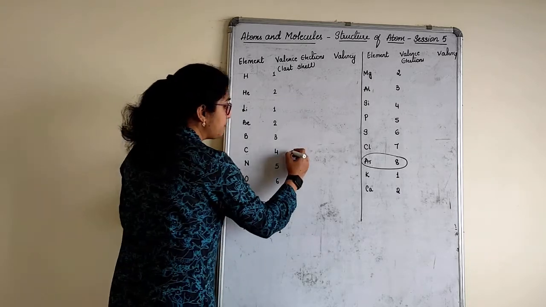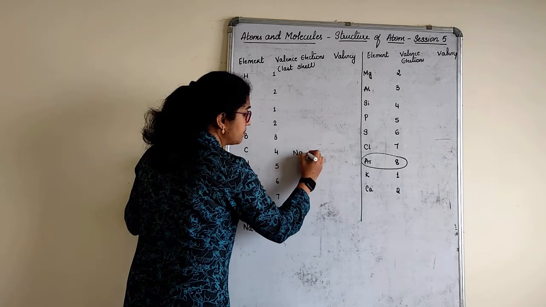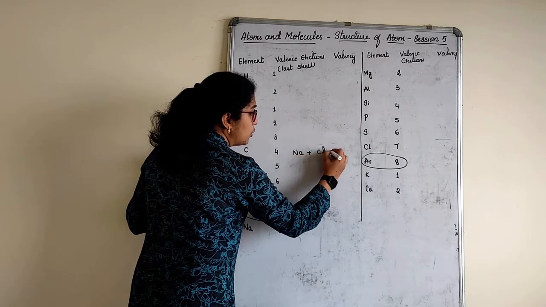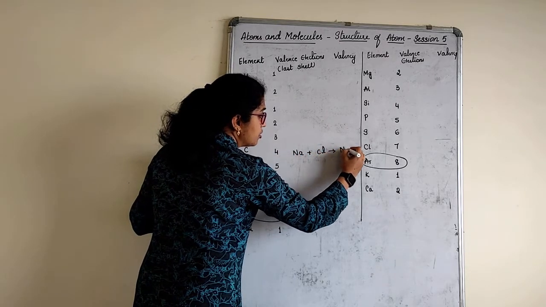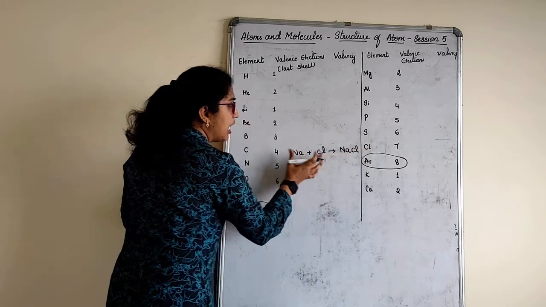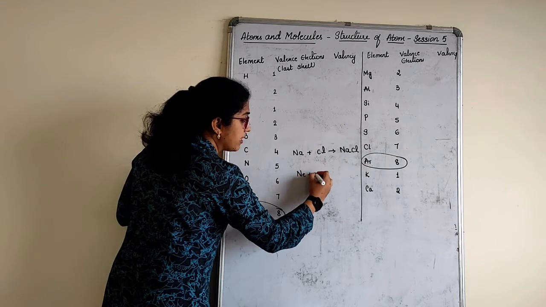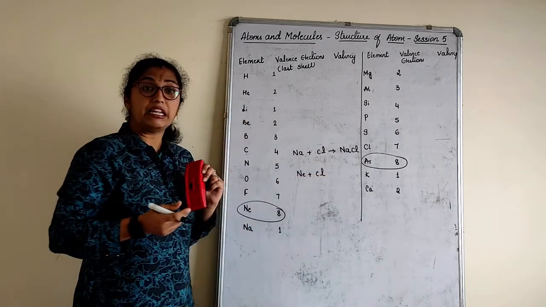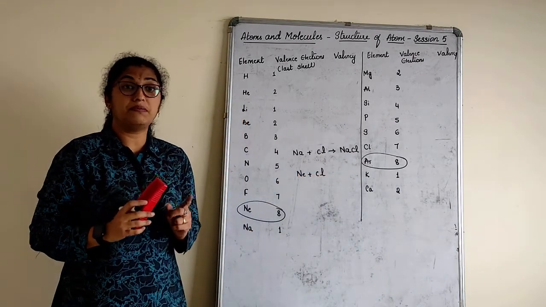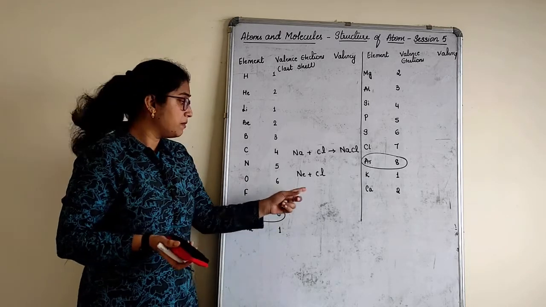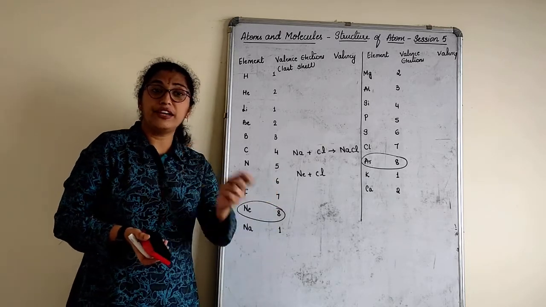For example, sodium will combine with chlorine and give us sodium chloride. How is this possible? I can't say that neon will combine with chlorine and give me neon chloride. No, not possible at all. Why not possible? Because neon does not fit into this.